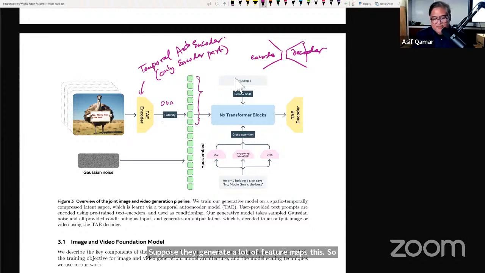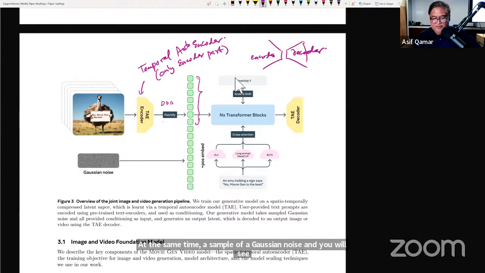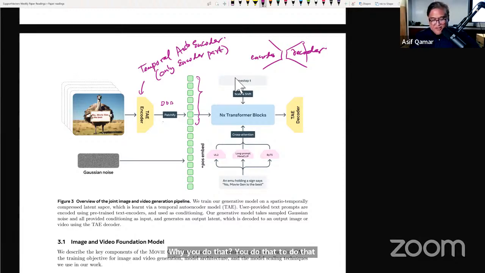At the same time, you sample a Gaussian noise, and you will see why you do that. Gaussian noise is essential to give it the ability to produce different results over and over again. Otherwise, it will produce the same thing. So you sample a Gaussian noise to change the result.